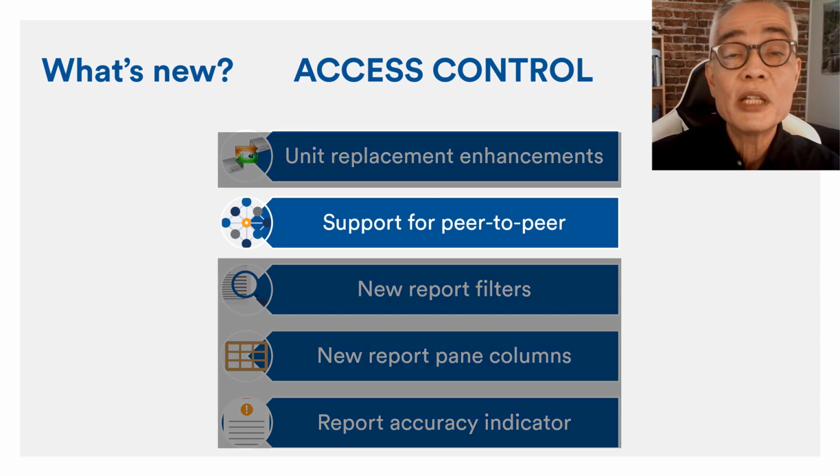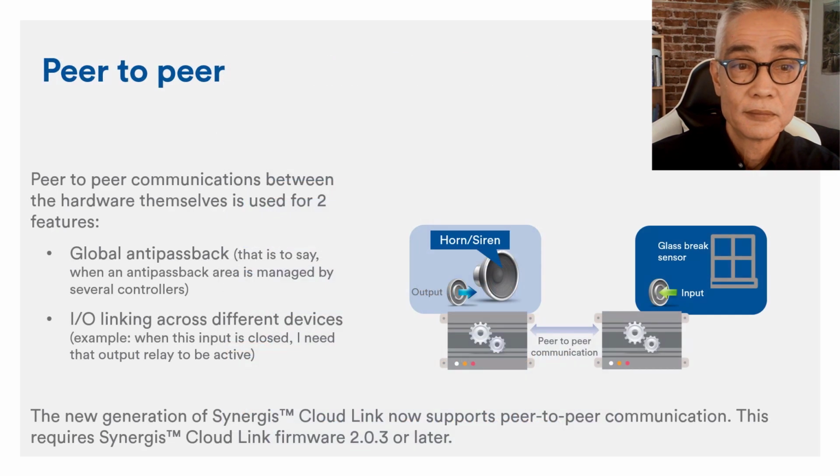Next new feature, peer-to-peer support for the new generation Synergis Cloud Link appliance. Peer-to-peer communication between the hardware themselves is used for 2 features. Global anti-passback, that's to say when an anti-passback area is managed by several controllers, and I/O linking across different devices.